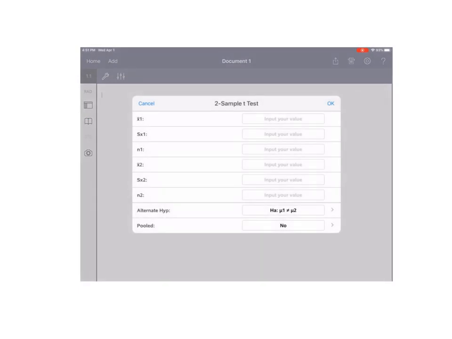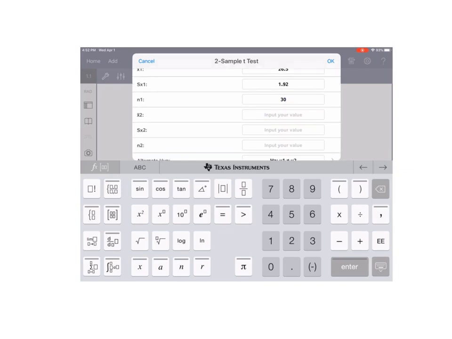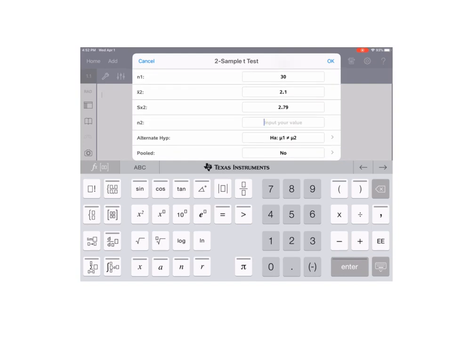And then I'm going to go ahead and enter my values for the mean of the helium data, standard deviation of the helium data, sample size for the helium data. And then we'll move down to the air treatment. Mean was 2.1, standard deviation 2.79, sample size was 30.